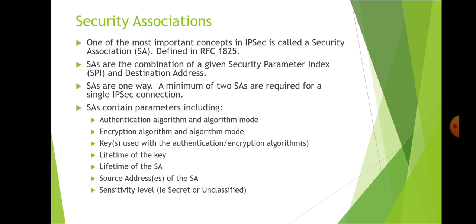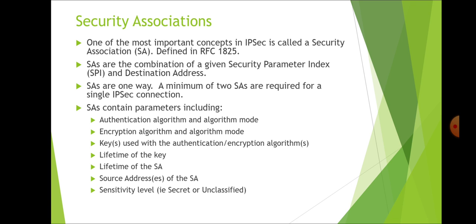So it depends on two things: the security parameter index and the destination address. Security associations are one way only. So a minimum of two security associations are required for a single IPsec connection.